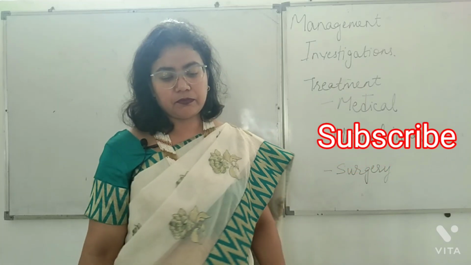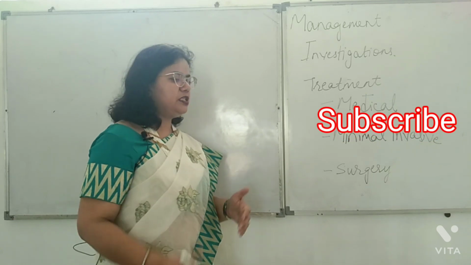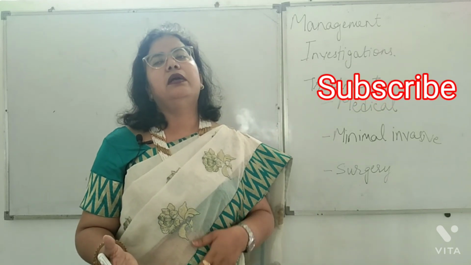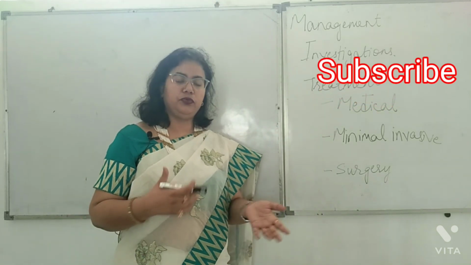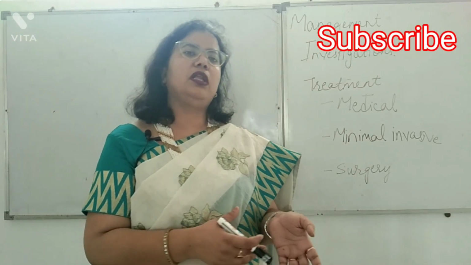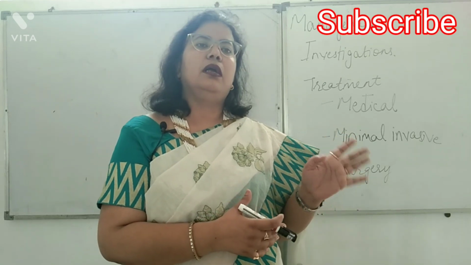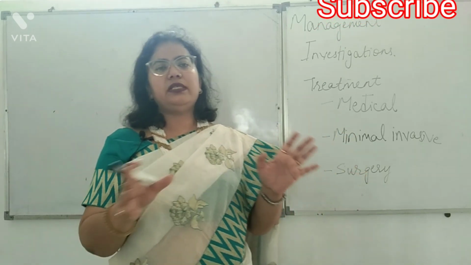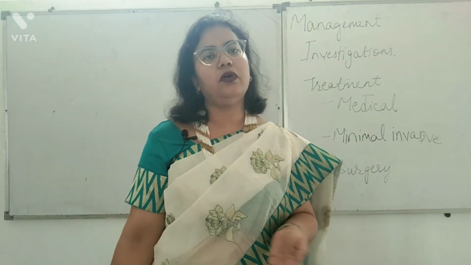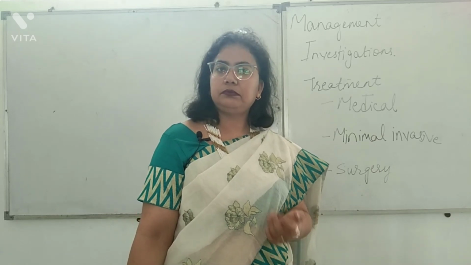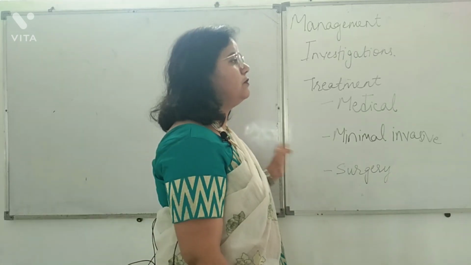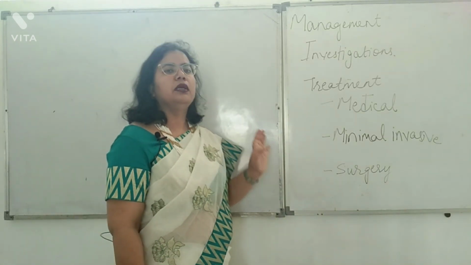If the fibroid is causing pressure symptoms on the urethra, with frequency of urine without any UTI, in the anterior wall, or a broad ligament fibroid compressing and causing hydronephrosis, you need to do surgery even when the fibroid is asymptomatic. And rapidly growing fibroids, we have discussed the definition of rapidly growing in the previous lecture.